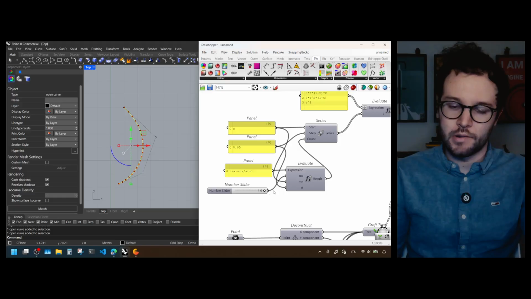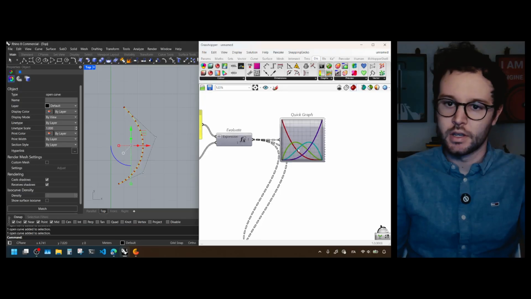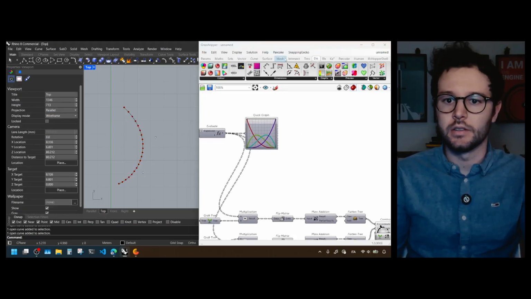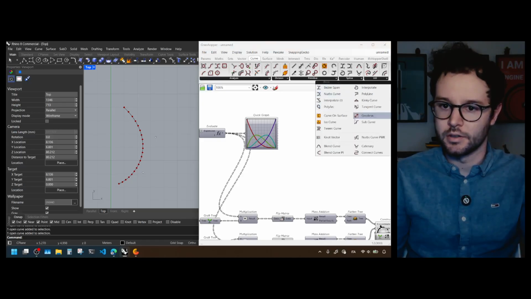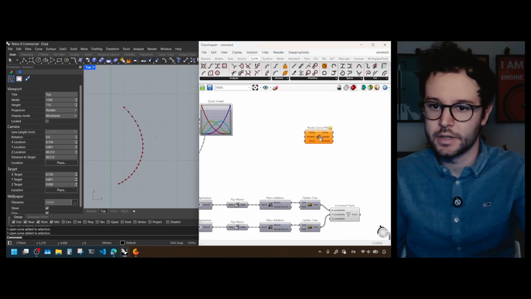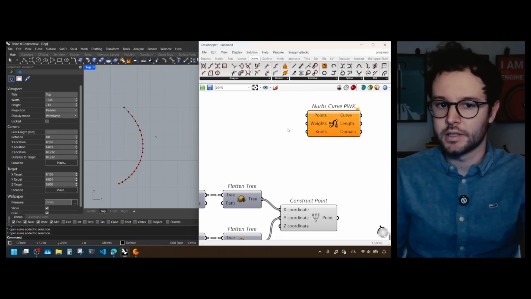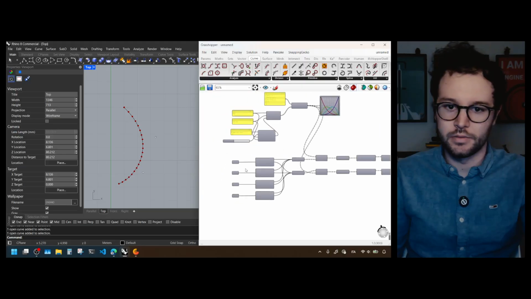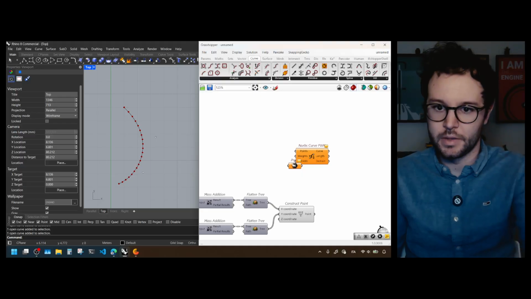One is we could define different weights for these functions. So if you go and check the curves menu here, let me define a curve with Grasshopper directly. So you see when you try to define a NURBS curve, it asks you points. So in this case, with the four points we already have. So let's take them in.